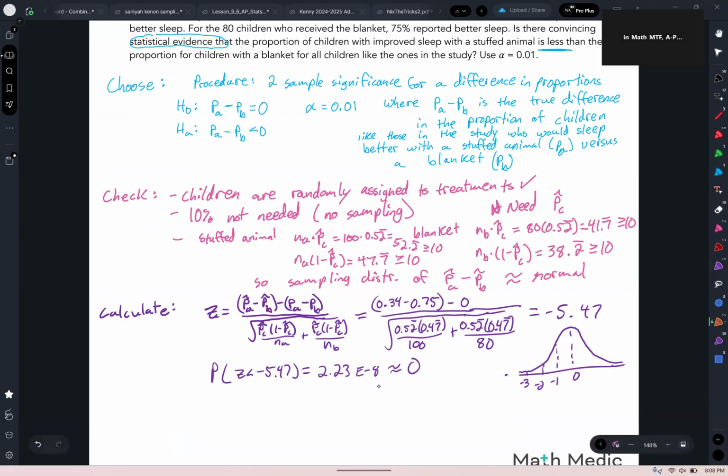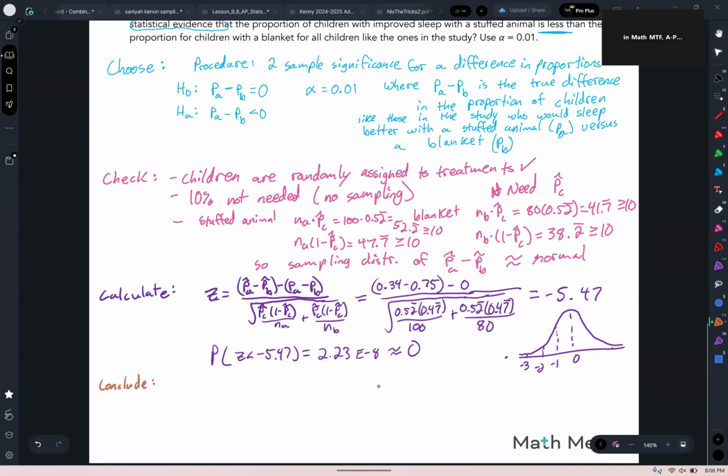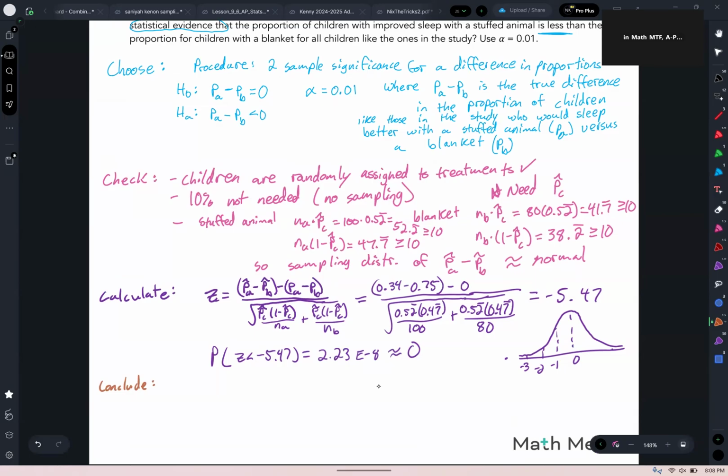Now I got to conclude. I don't have a ton of room down here, so I'm going to focus on the traditional conclusion first and not the interpretation.